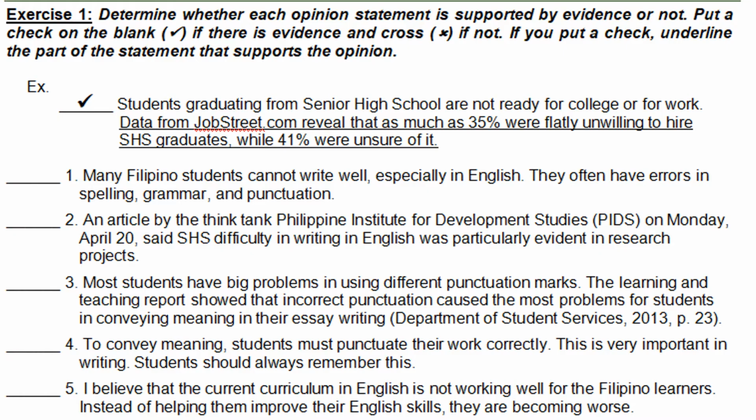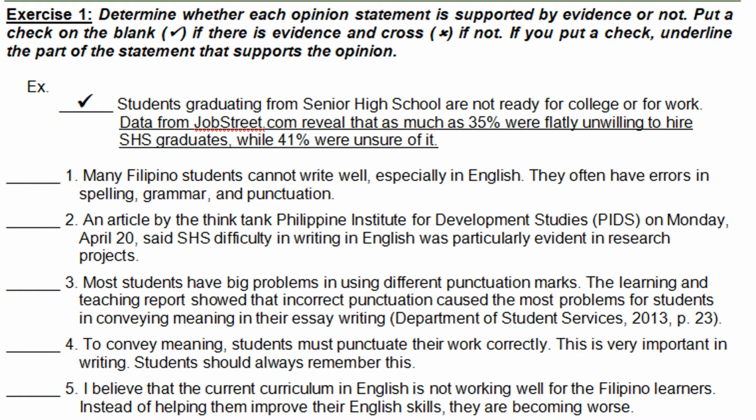Okay, so let's try to look at the example. Students graduating from senior high school are not ready for college or for work. So data from jobstreet.com reveal that as much as 35% were flatly unwilling to hire SHS graduates, while 41% were unsure of it.